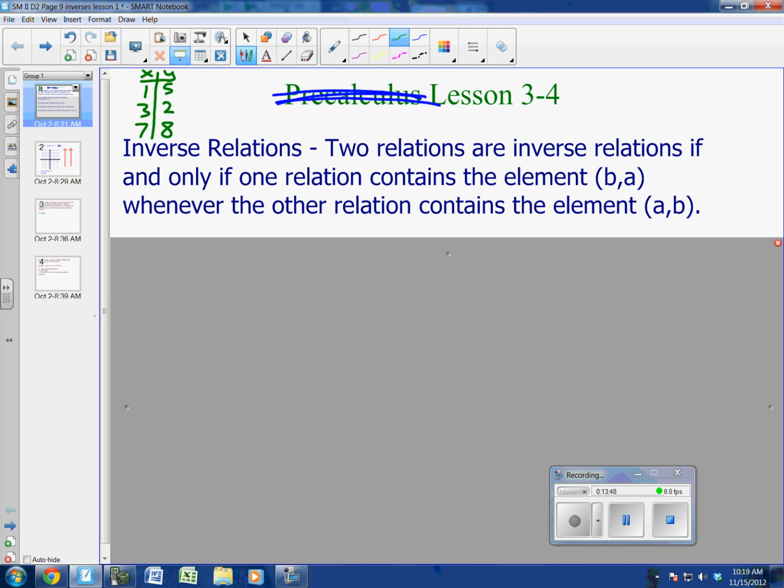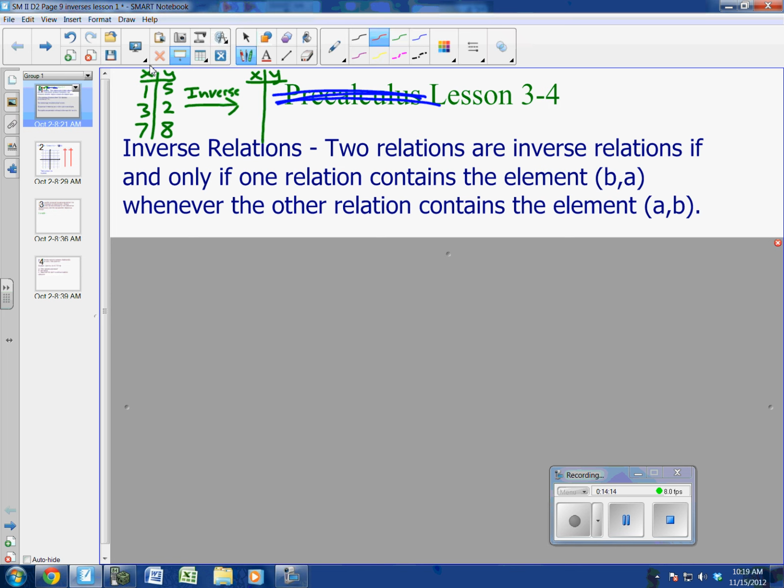Okay, let's say that's our relation. Well, the inverse can be found by doing what? According to this definition, what is it saying I'm going to do? I'm going to switch them, right? I'm going to switch the x and y.